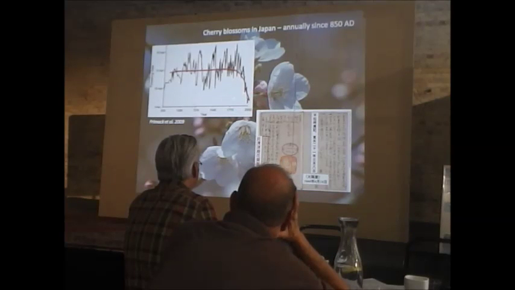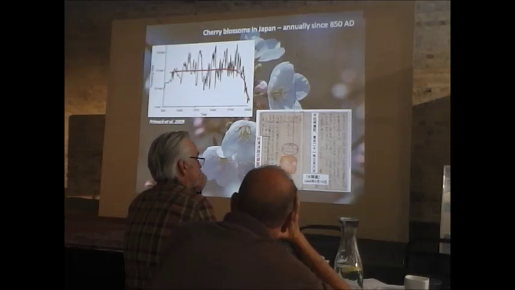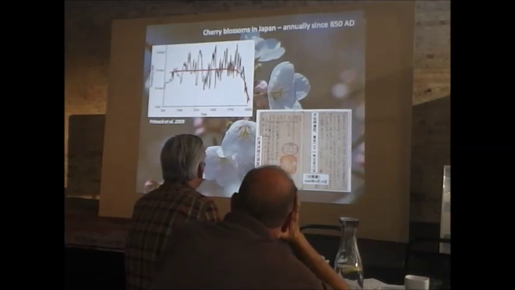The cherries are blossoming 10 days or more earlier than they ever have in the last 1,200 years. So pretty cool data set with what I think is a pretty clear signal of a plant sensing something changing.